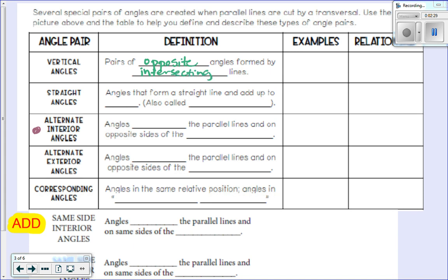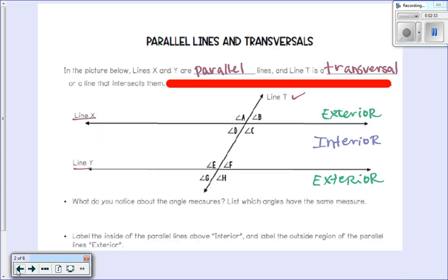Let's list a few examples. If we're looking at angle A, what angle is vertical to angle A? Angle C. Very good.